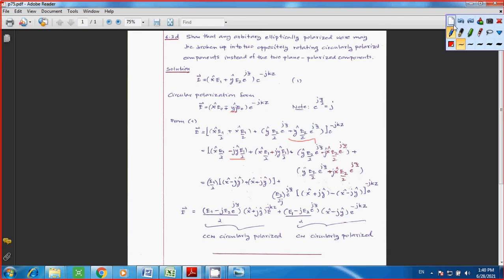Let's take a look at the coefficient E1 over 2. So this is your E1 over 2, and this is the common term E1 over 2. So I have a unit vector x minus j unit vector y, which comes from this term. And also this one. Okay.